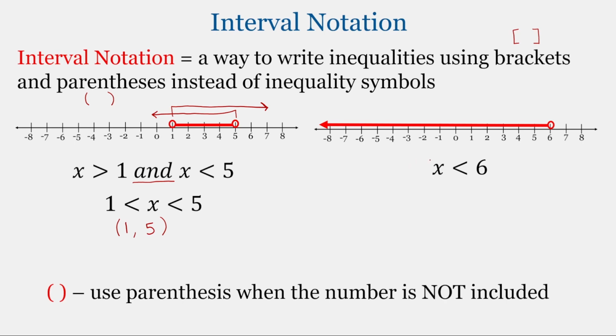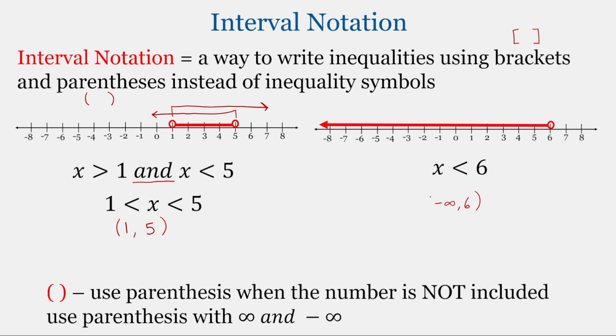Let's try another. Here we have the inequality x less than 6. So in this case, we have a right boundary of 6, but there is no left boundary. This continues forever to negative infinity. So we'll place a negative infinity here. 6 is not included, so we'll use a parenthesis. And then we also use a parenthesis with either infinity or negative infinity.